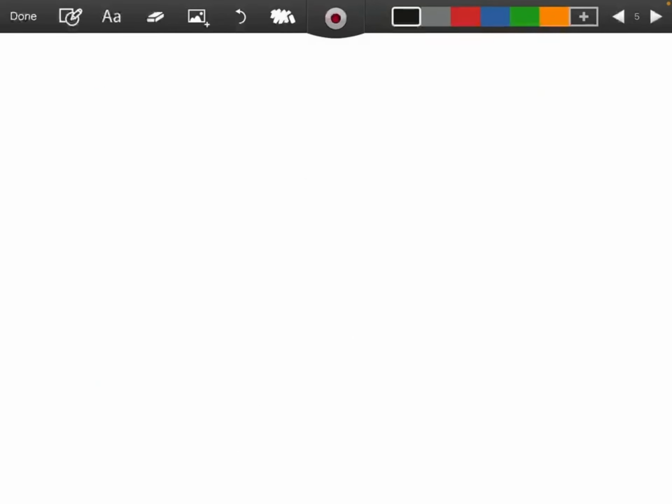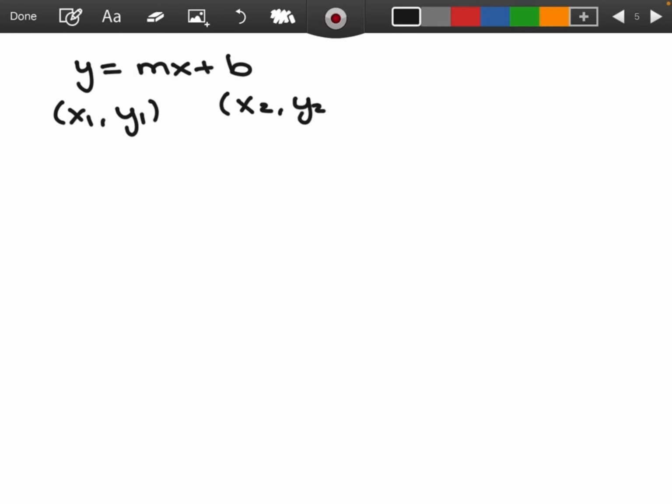Let's say that you have a formula y equals mx plus b, okay, for some line. If you pick 2 random points on that line, so we'll pick our 2 random points, x1, y1, and x2, y2. So they're 2 random points that lie on this random line, y is equal to mx plus b.